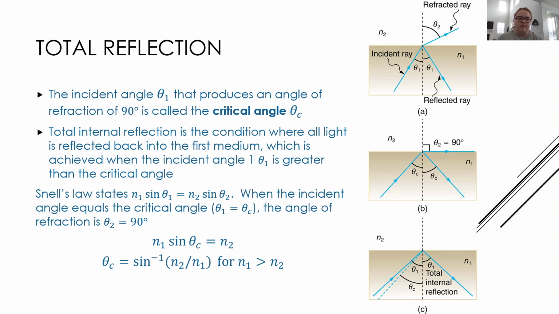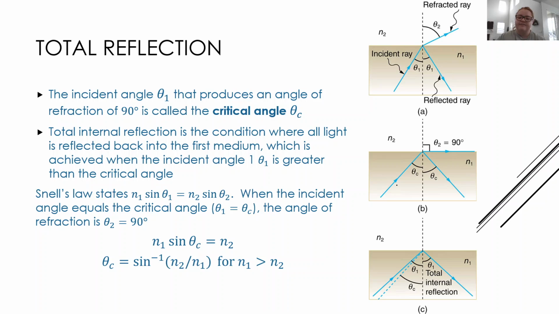So if we have an incident angle, theta 1, that produces an angle of refraction of 90 degrees, then we have an angle that is the critical angle, okay? So let's look at this here. So we have an incident ray coming in, and we have a reflected ray. We'll have a reflected ray and a refracted ray, I guess I should say.